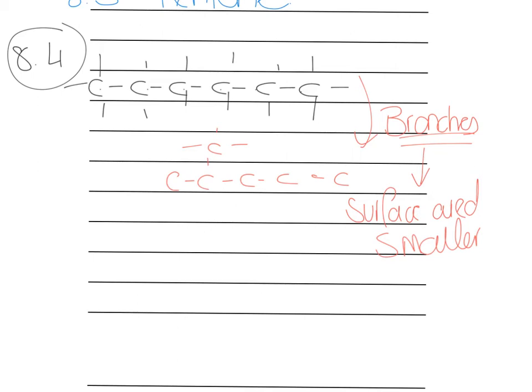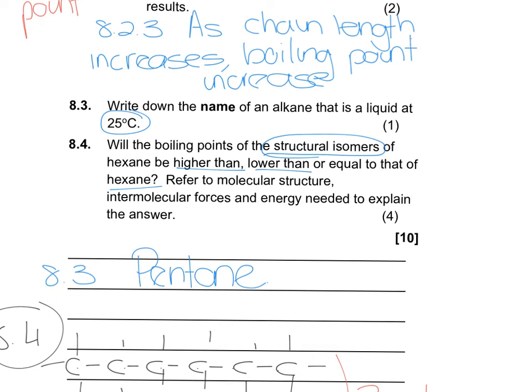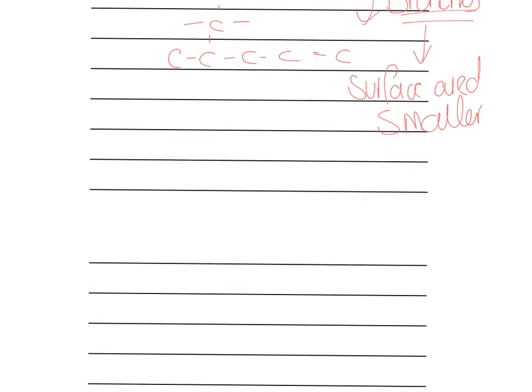The intermolecular forces get weaker, and the boiling point will decrease. Let's look at the question again so we get this right. Will the boiling points of the isomers be higher, lower, or equal to hexane? They're going to be lower. I'm answering the question as asked.